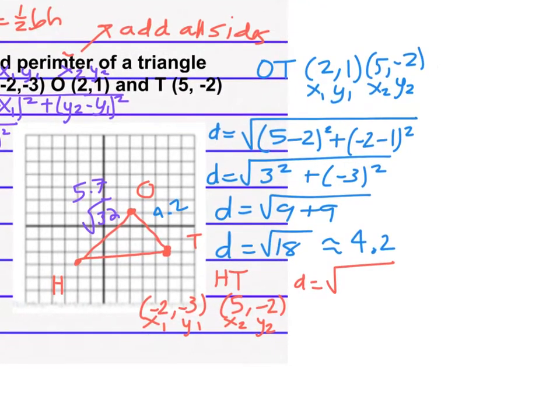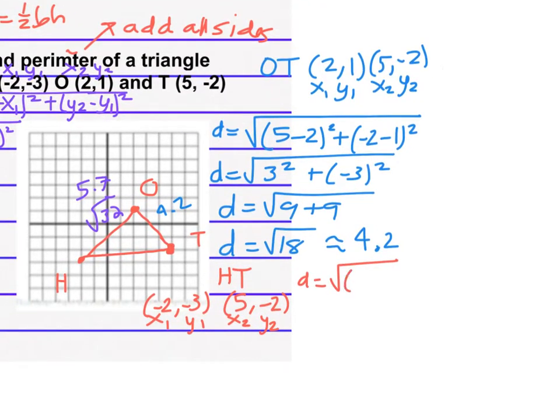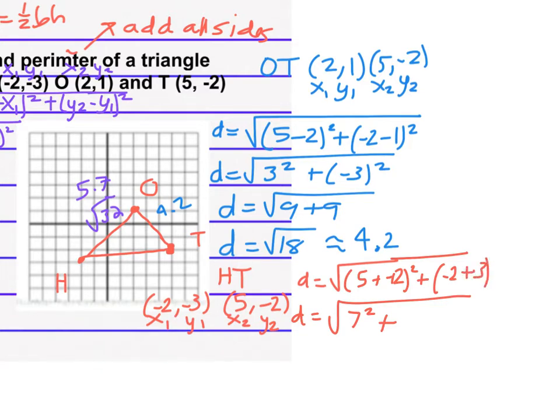See if you get the same answer as me. I'm getting square root of 50, or about 7.1.